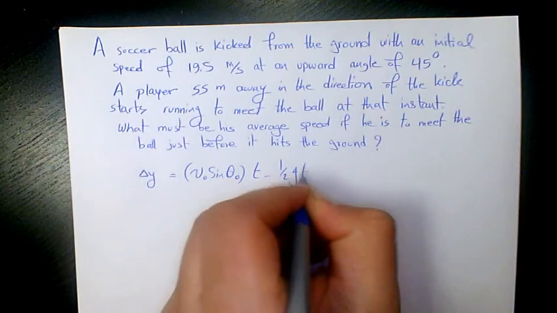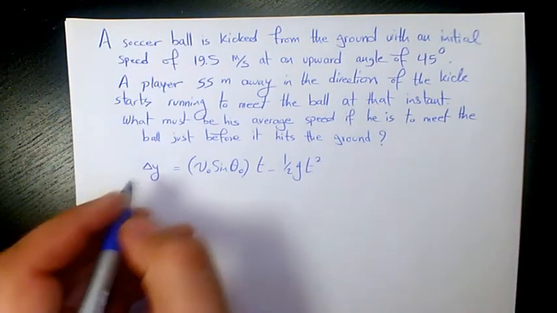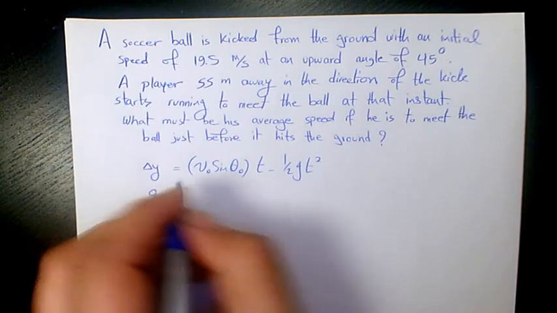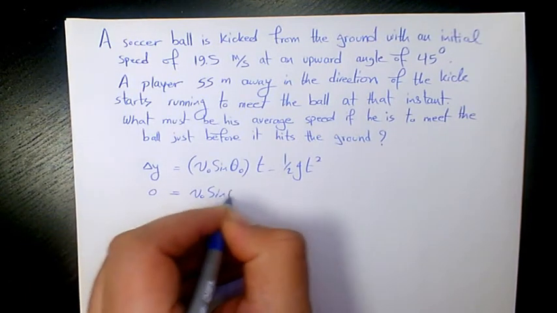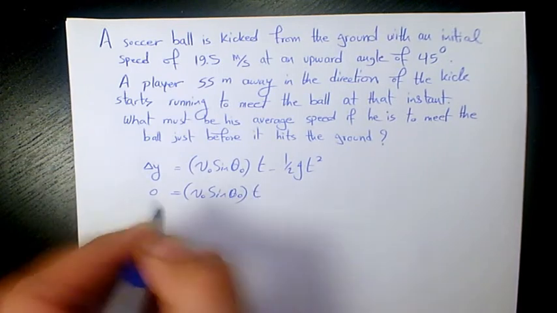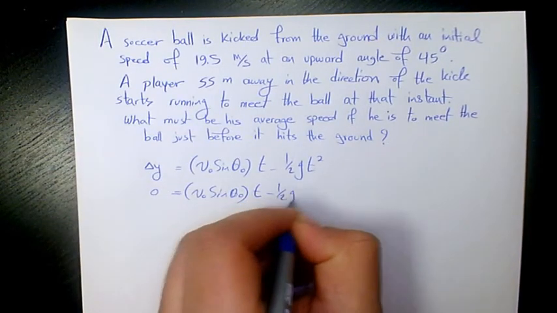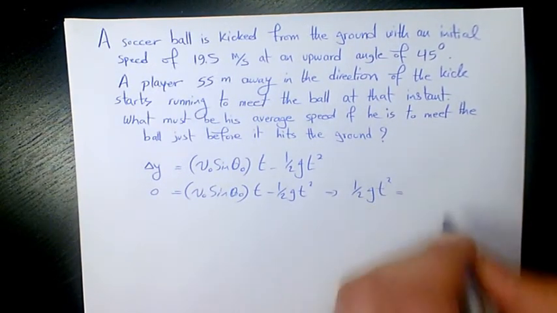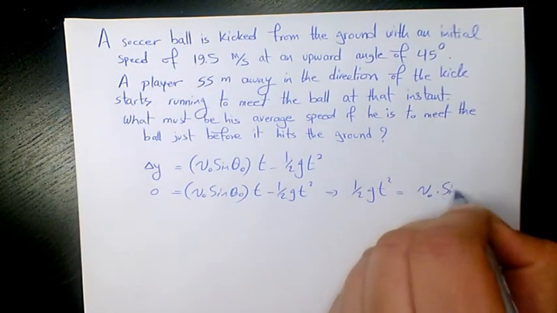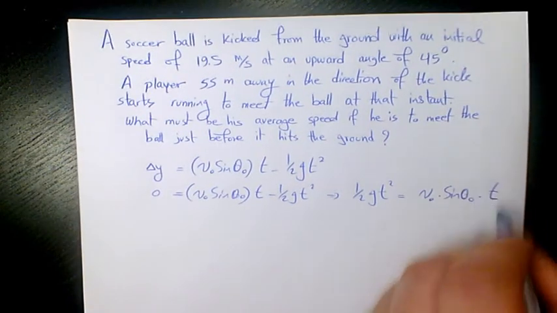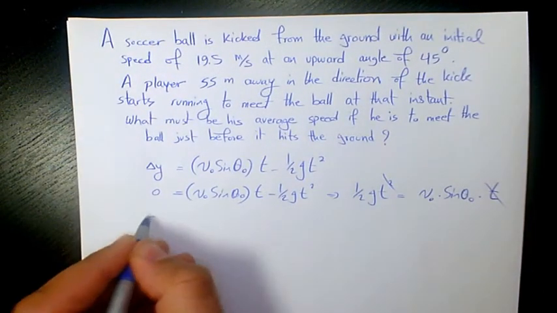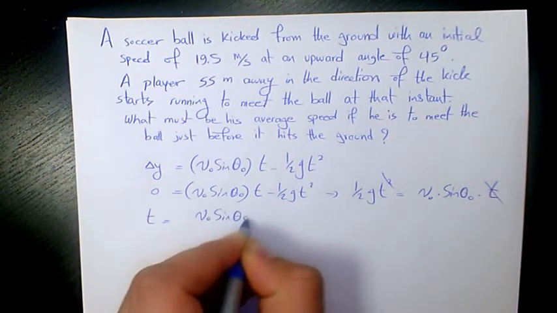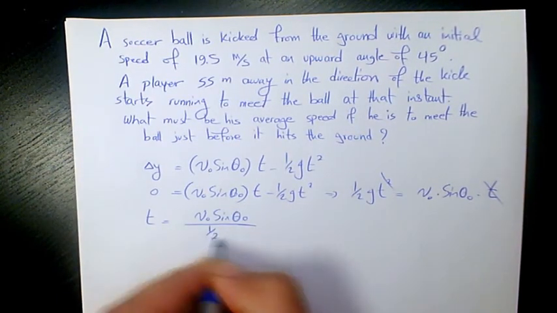Delta y is going to be 0, and we have V naught sine theta t minus 1 over 2 g t squared. Then after that it's going to be 1 over 2 g t squared equals V naught sine theta naught t. The t and the square cancel out, and we have t equals V naught sine theta naught divided by 1 over 2 g.